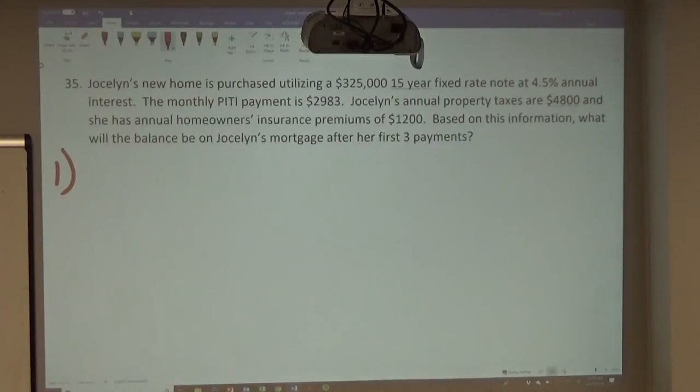The monthly payment, PITI payment, is $2,983 a month. Jocelyn's annual property taxes are $4,800, and she has annual homeowners insurance premiums of $1,200. Based on this information, what will the balance be on Jocelyn's mortgage after her first 3 payments?